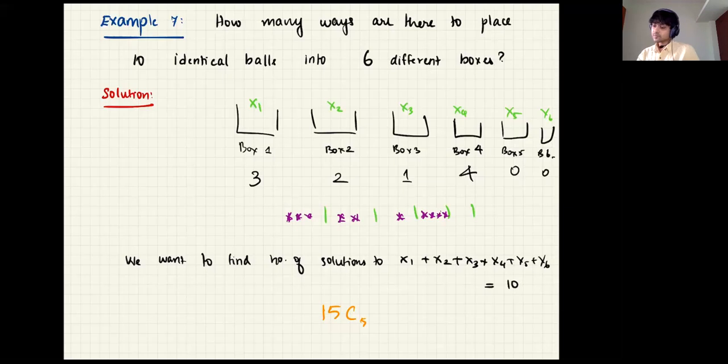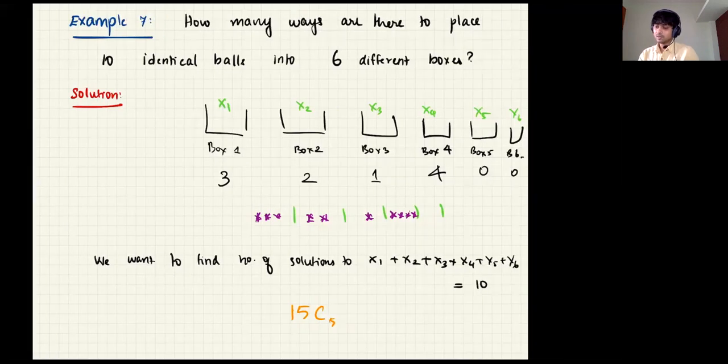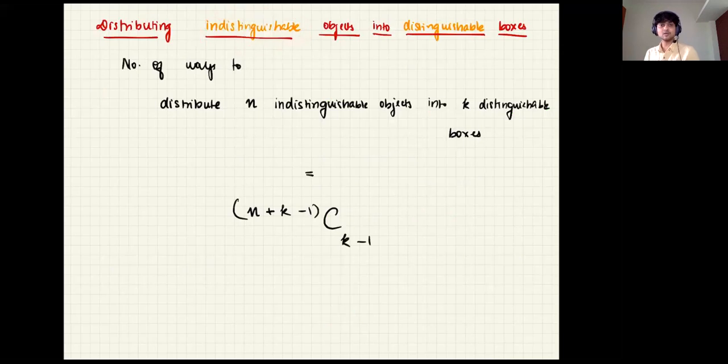Okay, good. What is the difference between the previous problem where we were distributing n different objects into k different boxes? Now we are interested in n indistinguishable objects, that is identical objects, into k distinguishable boxes. When the objects are identical, you look at them as stars, identical stars, and then you put k minus 1 bars.